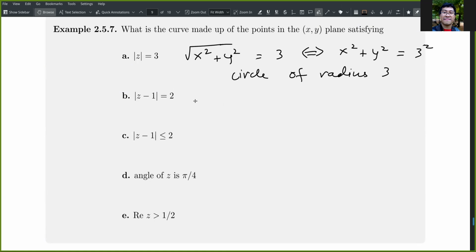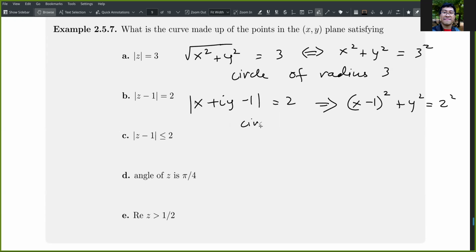This is x plus iy minus 1 with absolute value equals 2, which gives us x minus 1 squared plus y squared equals 2 squared, or a circle of radius 2, center at 1, 0.